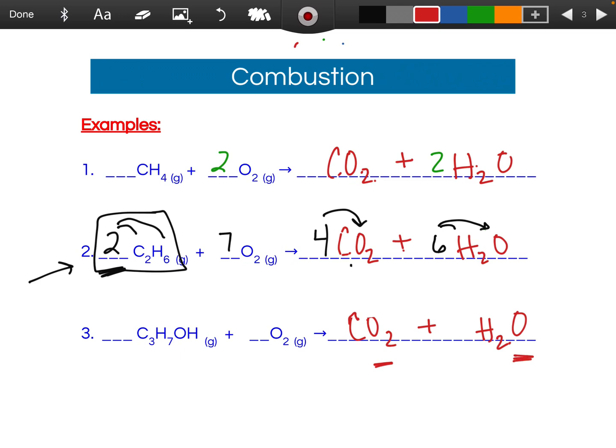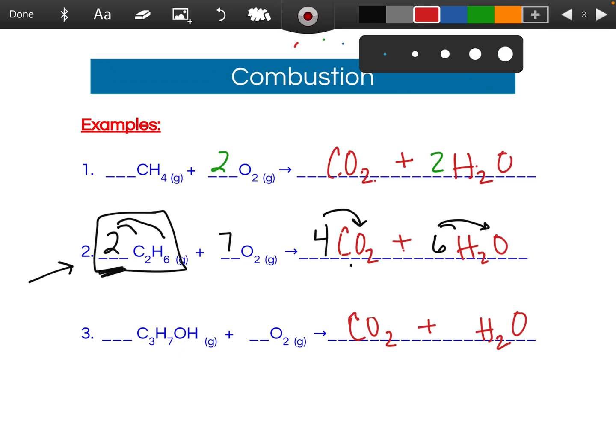So I would balance oxygen last, because when you do hydrogen and carbon, the oxygen numbers are going to get thrown off and you're always going to be fixing them. So I would wait and balance oxygen at the very, very end. I would do carbon first, then hydrogen, and end with oxygen. So that's another little hint.